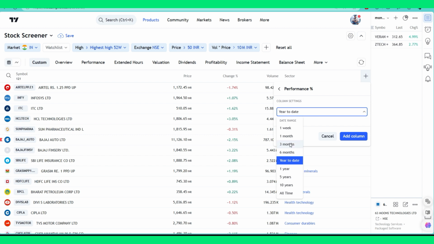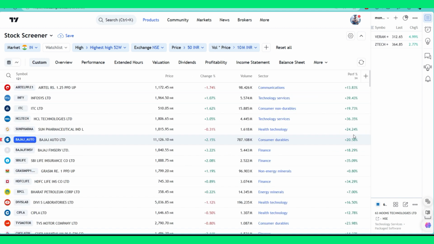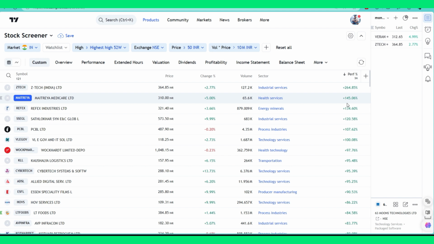I use the 3-month performance, and depending on your trading style, you can play with it and find what suits best. So now, then I do sort descending, right? So I have now 121 stocks which have made a new high today, of which this stock, for example, has given 264% return in the 3 months.